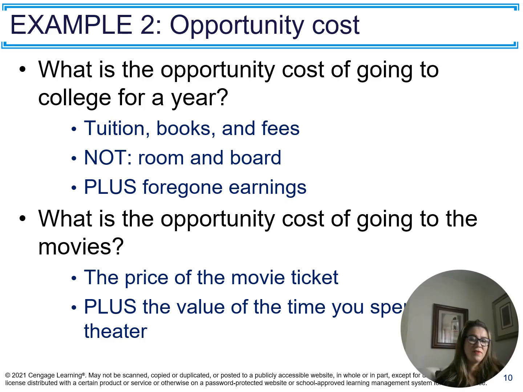If you go to the movies, you're probably going to spend money on your movie ticket, but that is not your opportunity cost. The opportunity cost is what you could be doing instead of going to the movies, right? That could be either working, or studying, or working out, or spending time with your dog or your brother or your sister, right? So those are all opportunity costs, or what you could be doing instead of actually sitting down in the movie theater and watching a 2-hour movie.